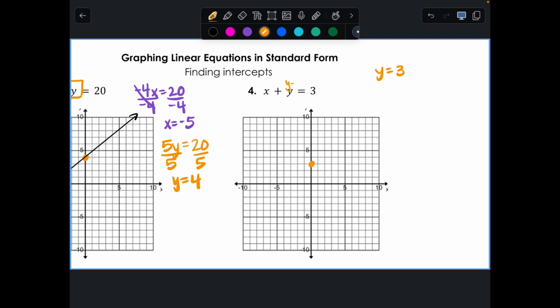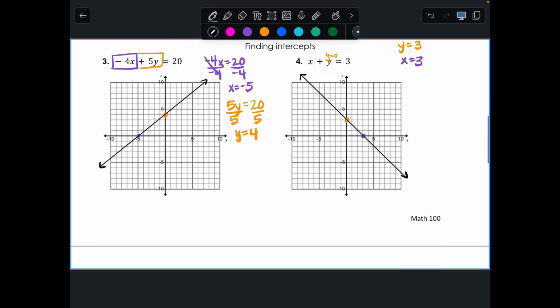If y is equal to 0, then x would equal 3. Once you have your y-intercept and your x-intercept, you can graph the line. Okay, that's the first method for graphing standard form.